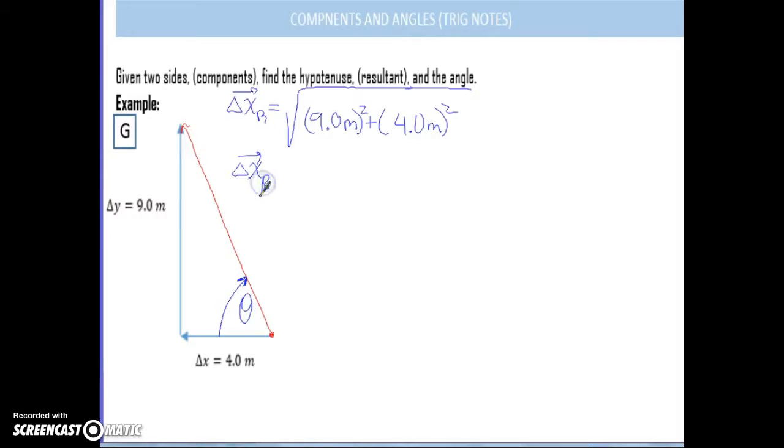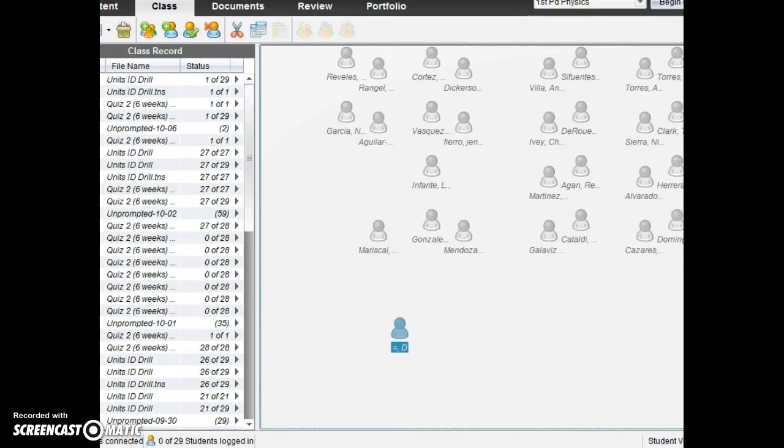Now, plugging into the calculator is pretty simple too. I'm going to go ahead and capture mine. I'm going to log in.